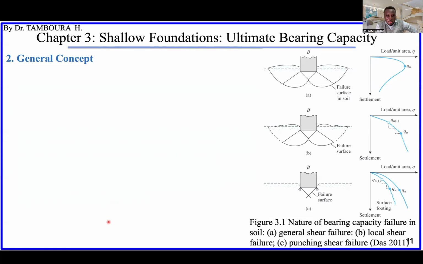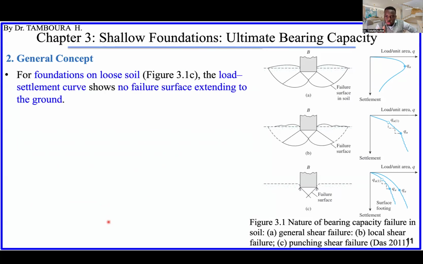Okay, let's continue. So we are going now for loose. Of course, this is like dense, medium dense, and now loose. Okay, for loose, there is room for densification, but the room for densification is too big, so the footing itself is going like a punch directly. The soil is too loose, so the footing itself is going directly inside, punching inside.